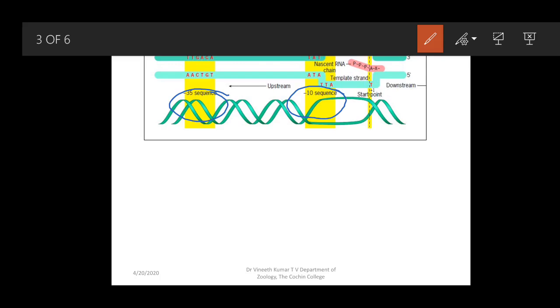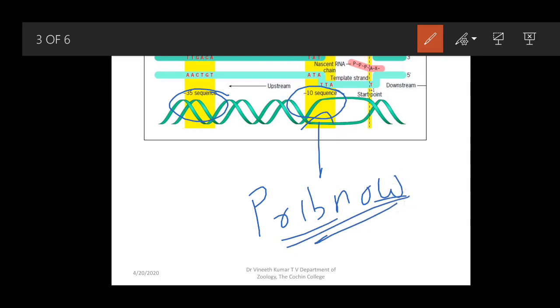And this -10 sequence is also known by another term. It is also called a Pribnow box. That is, the -10 consensus sequence of the promoter of prokaryotes is also called a Pribnow box. And the main function of the promoter is that it is at this promoter region that the enzyme RNA polymerase comes and binds.